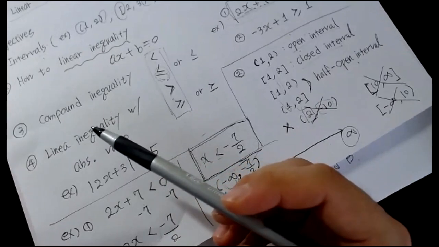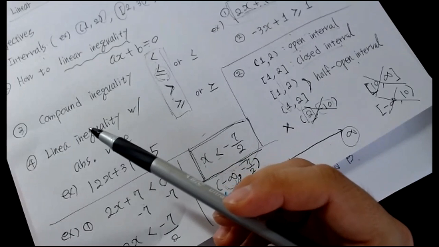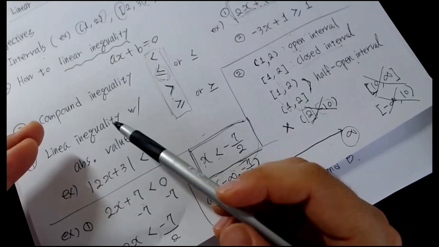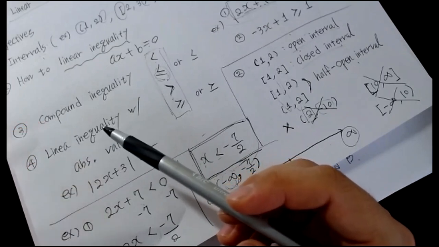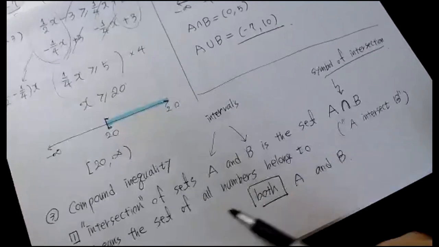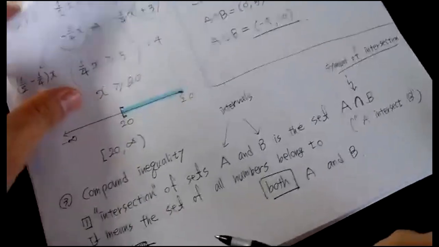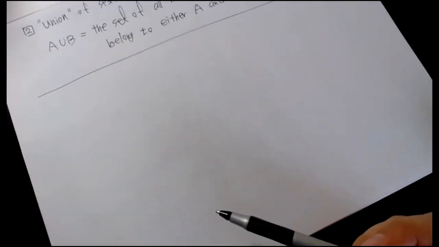Depending on how two linear inequalities are connected in a compound inequality, we may have to find the intersection of two solution sets or the union of two solution sets. That's why we need to study union and intersection first.